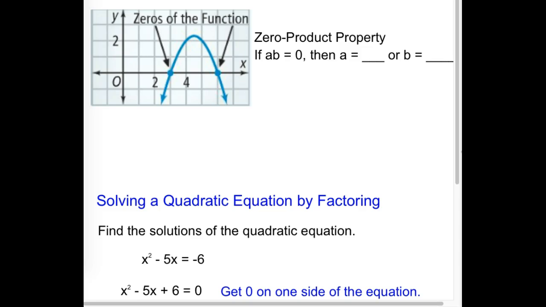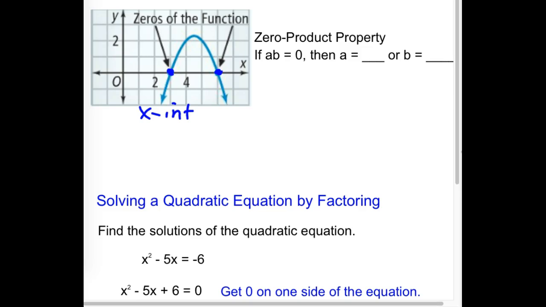Okay. We have a lot of names for those points. We call them x-intercepts. What else could we call them? Anybody know the terms we've used? What is your y-coordinate at those 2 points? Y is 0. So we call them zeros.